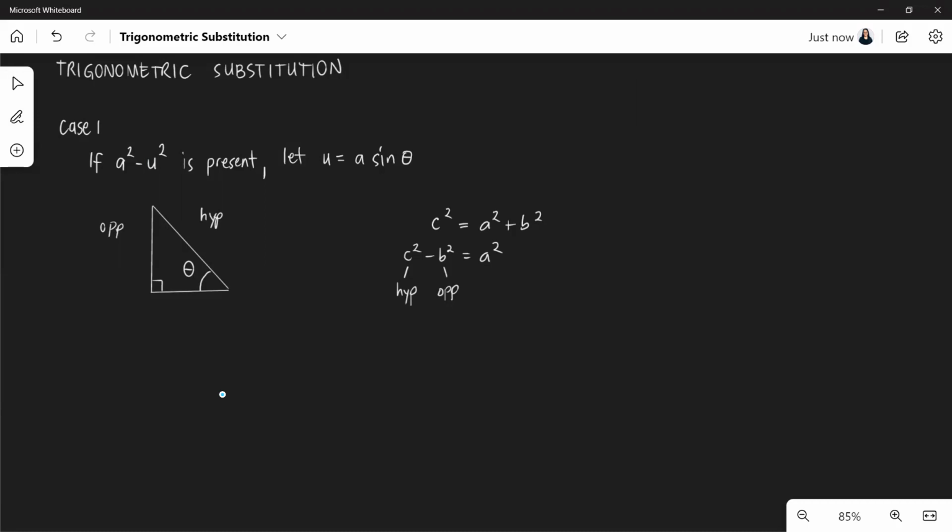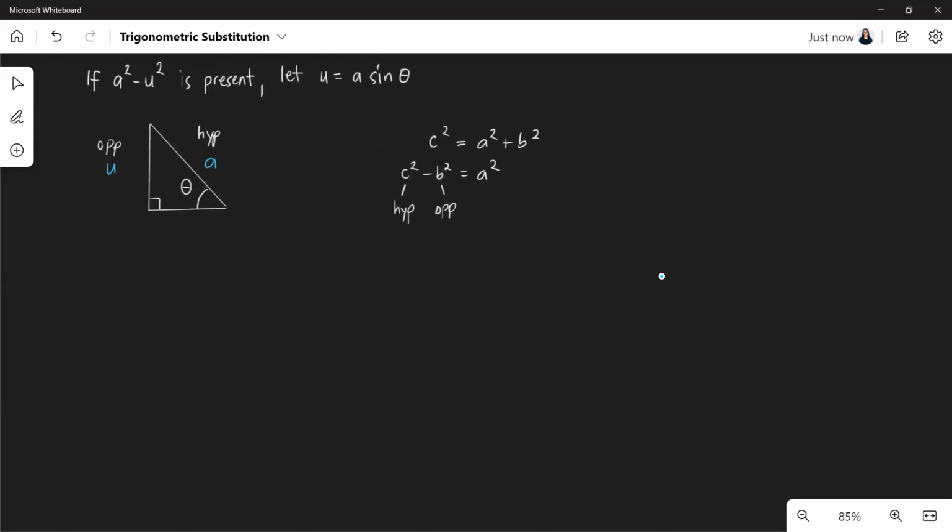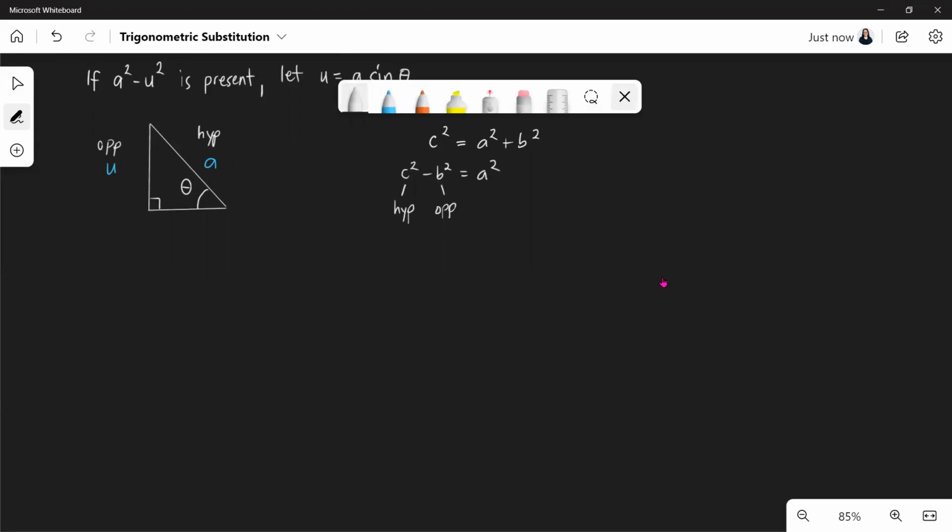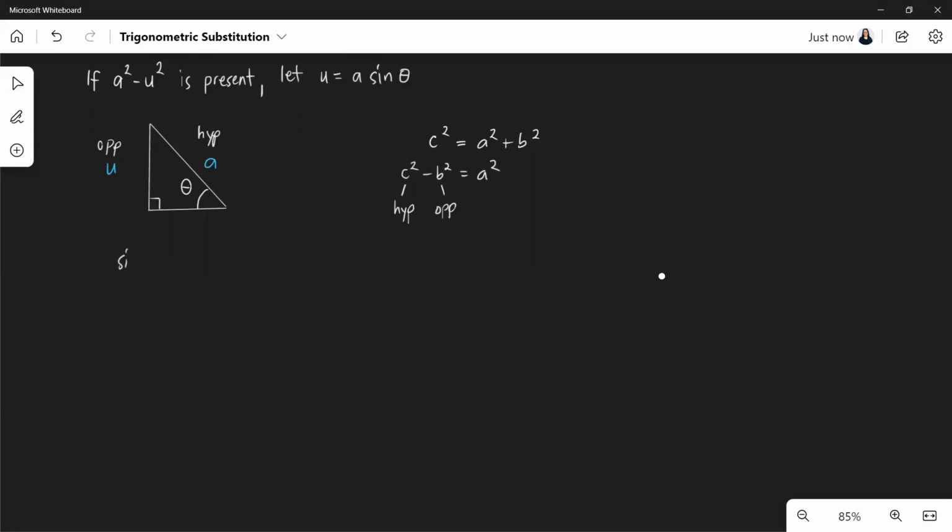This will contain the a, and the opposite side will contain the u. So again, from the trigonometric function sine theta, it's opposite over hypotenuse, meaning u over a is equal to sine theta.